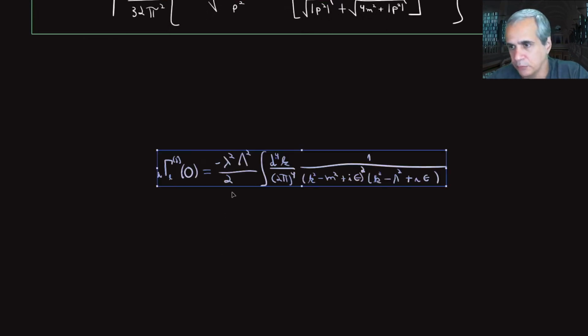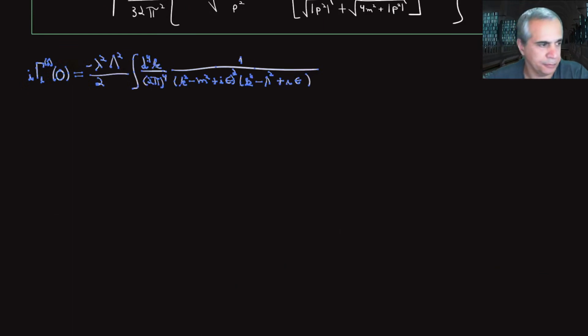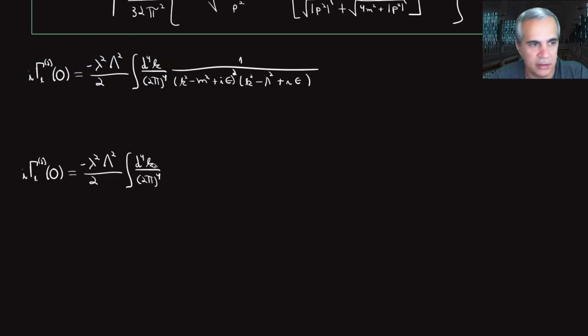So this is what we are dealing with now. And the first thing to do, step one, is Feynman parametrization. So I want to rewrite this denominator here in terms of Feynman parameters. So let me copy everything that just repeats down here.